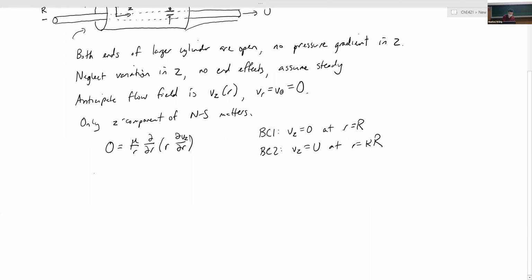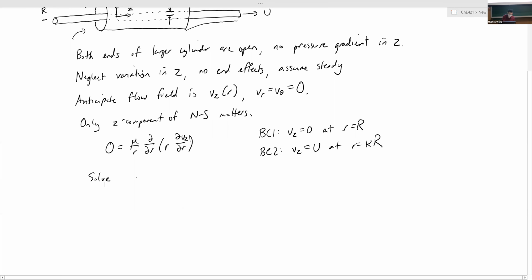So to solve, we're just going to integrate this guy twice. So first, we can get rid of this stuff in the front because we can just divide 0 divided by all of that. It's just the same.